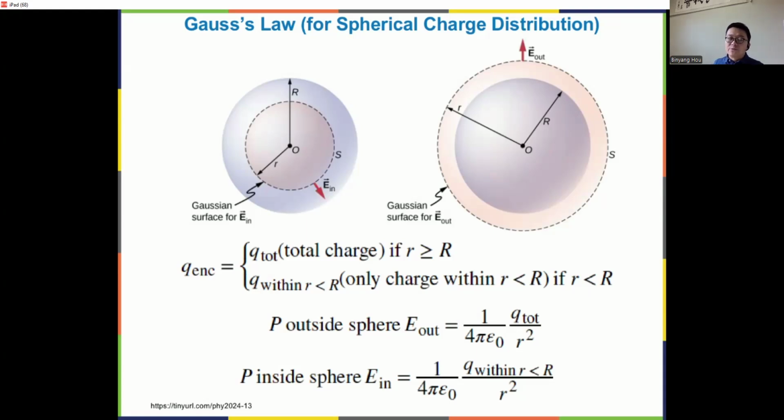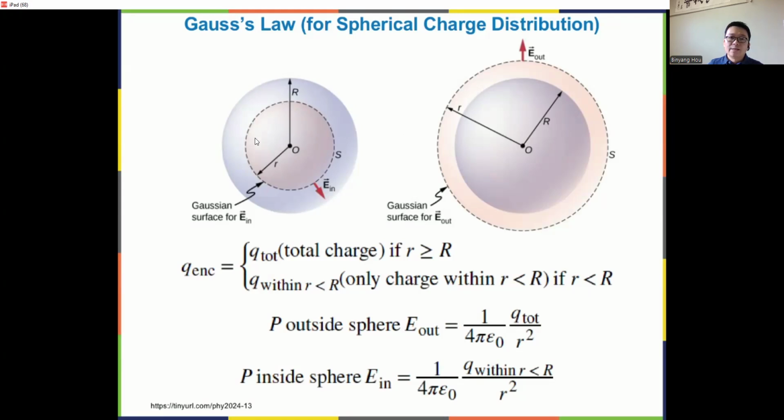So for three-dimensional, this is a sphere that has charge on it. Again, we can have a Gaussian surface, a Gaussian spherical surface, concentric with this charge distribution.